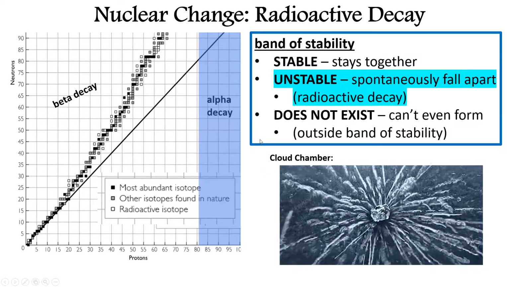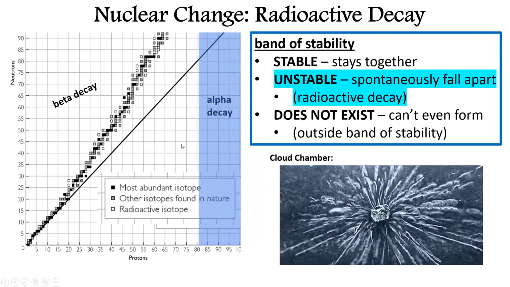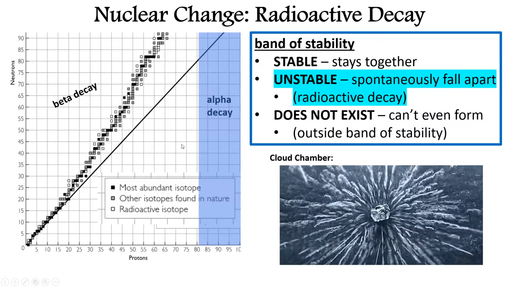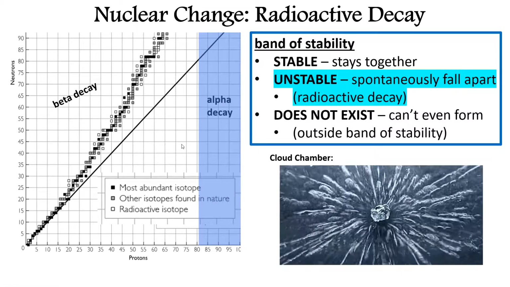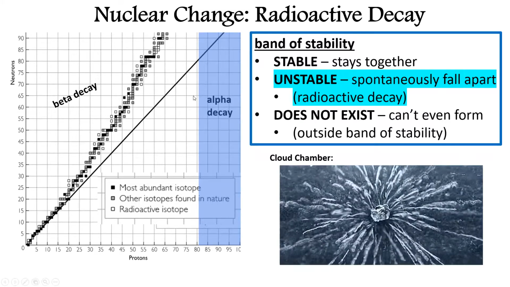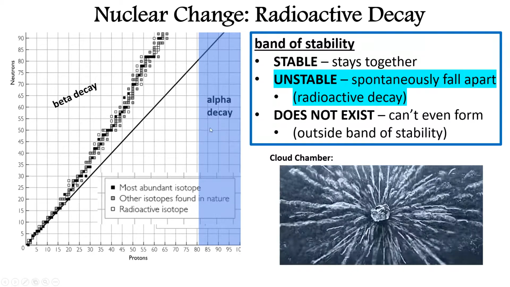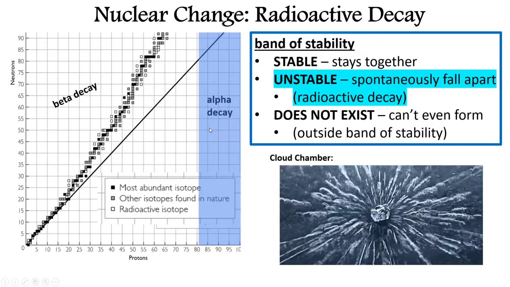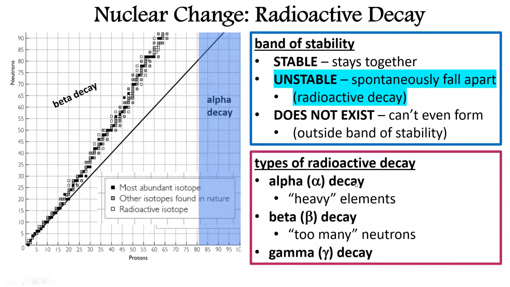Here, this graph is just to give you a sense of which elements are going to undergo which types of decay. So for your alpha decay, those are going to be your heavier elements, and we'll talk about why a bit later. So things that have an atomic number over 82 oftentimes will go through alpha decay.